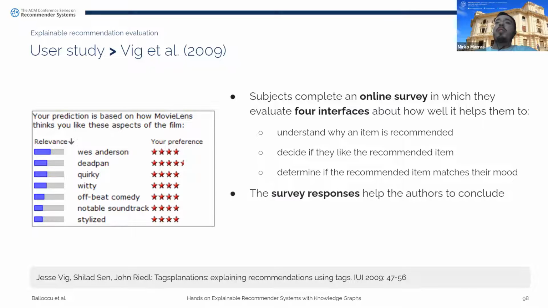The survey responses helped the authors to conclude that the role of tag preference, for instance, and tag relevance was important for promoting justification, effectiveness, and mood compatibility with respect to the recommendations.